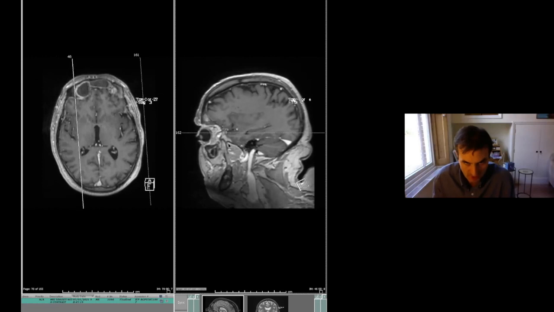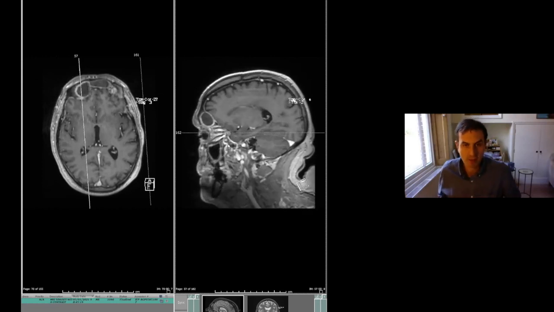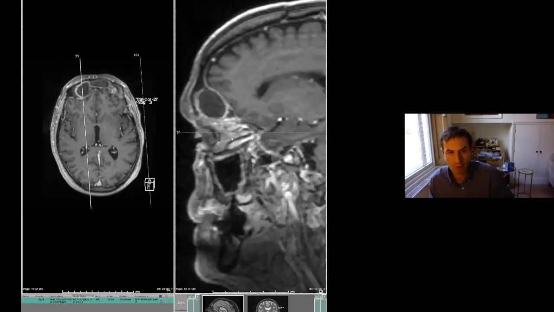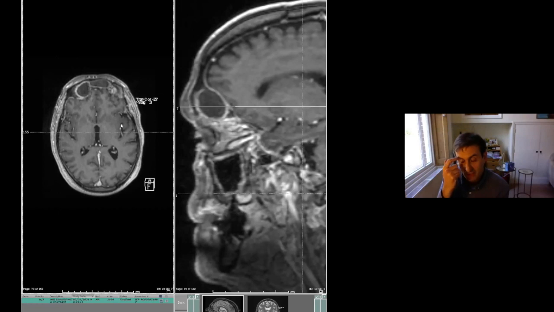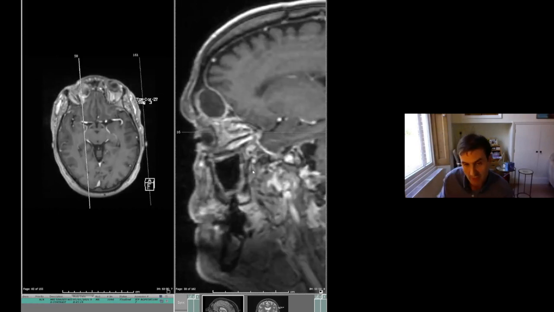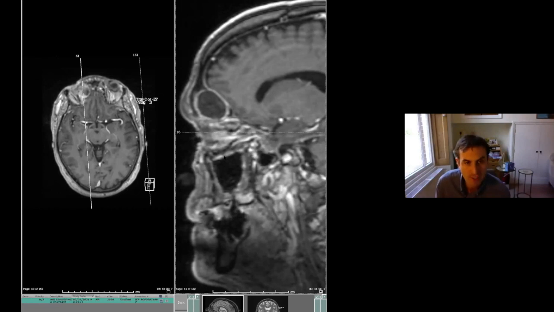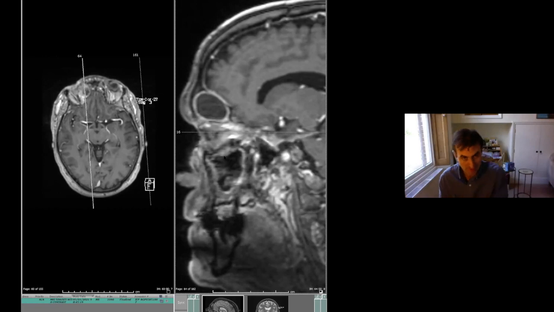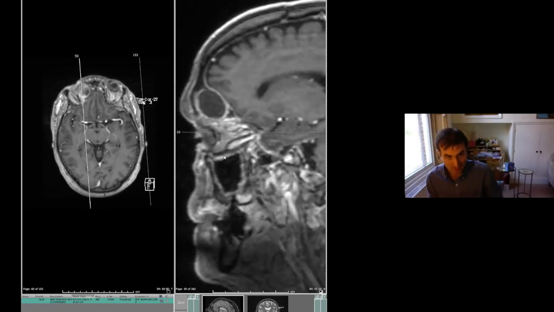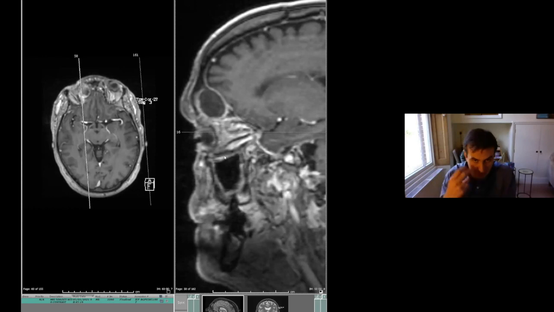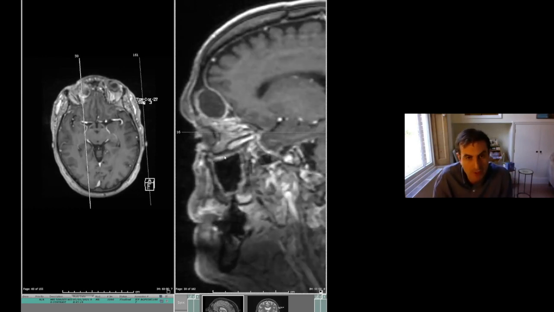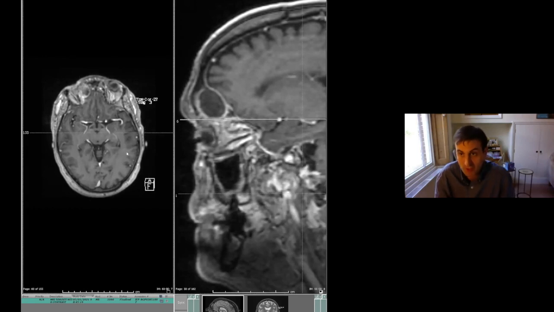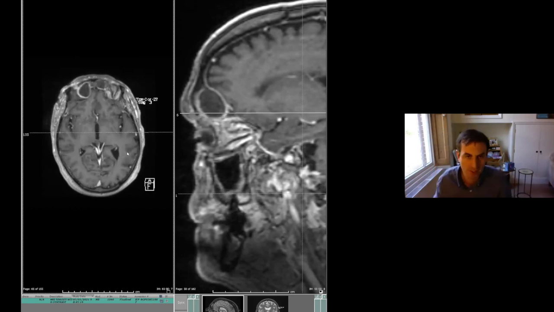Now, his history was that in 2018 he'd had an external approach to a right frontal mucocele through a supraorbital lid incision, an incision through the crease of the upper lid, and that had drained the mucocele. But he'd been sent over to me having had this discharge over the eye, and his CT scan had identified apparent recurrence of the mucocele. It also identified a dehiscence of the posterior table of the frontal sinus as well. So he had basically a gap at the front and the back of the frontal sinus.